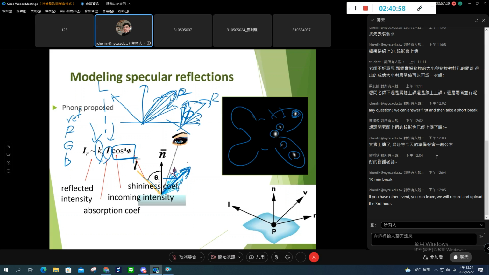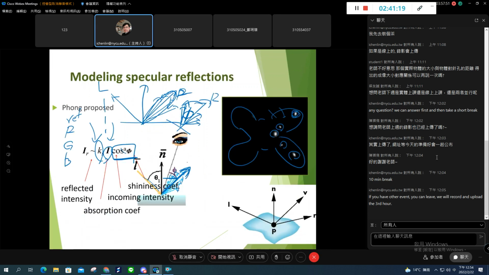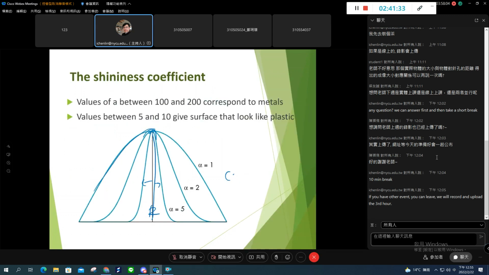So if you are on the R direction, you have the largest specular reflection, but it will gradually fade out, and the fading speed will increase if you increase the exponent here. So the equation is cosine of phi to the power alpha, and if you increase your alpha, the reflection will become more narrow.